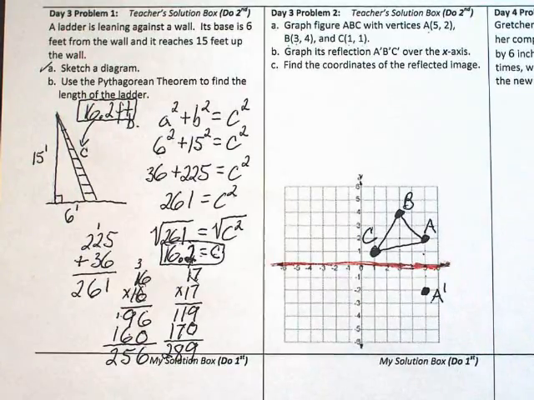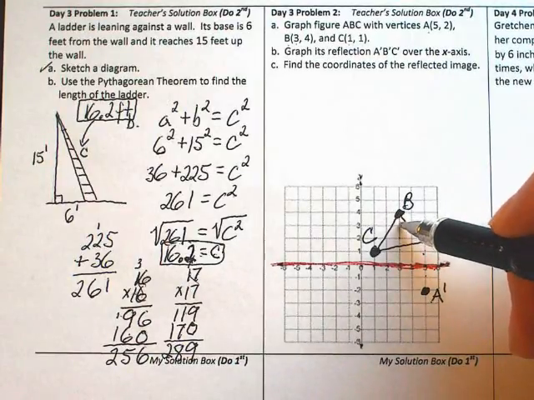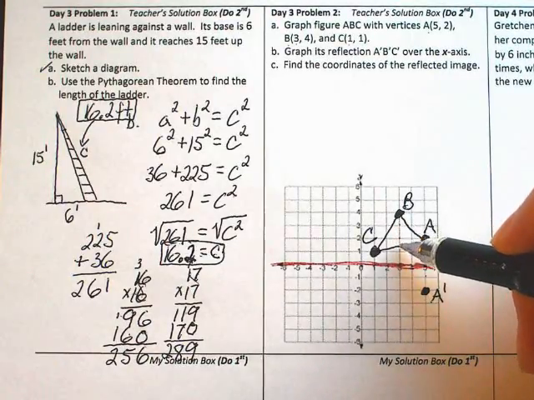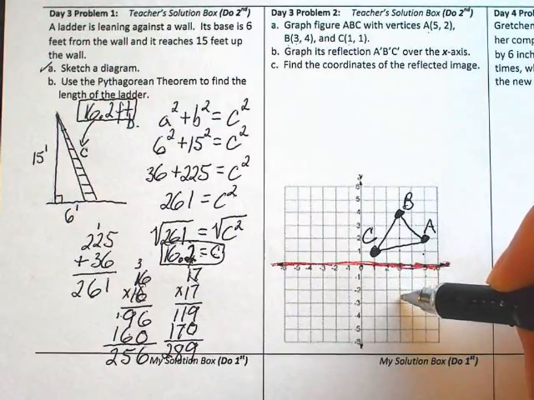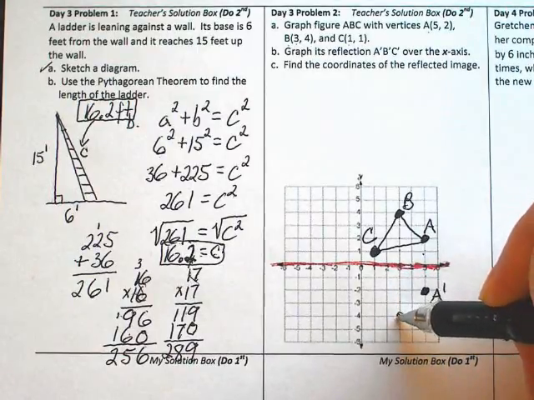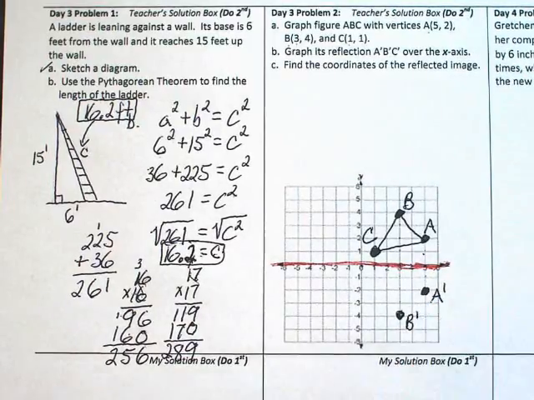Let's do the same for point B and for point C. So here is B. 1, 2, 3, 4 units above the red line. Now let's go 4 units below the red line. 1, 2, 3, 4. Here is point B prime.